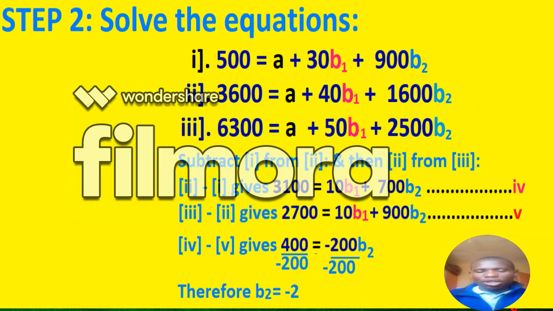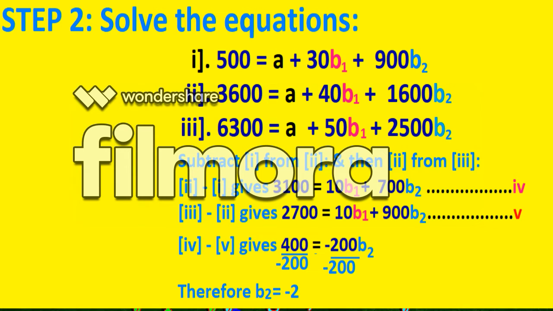First, use what we call the substitution method or elimination method. This is how we are going to proceed. First, subtract equation 1 from equation 2, and we are going to get 3,100 equals 10b1 plus 700b2, and that will give us our equation 4.